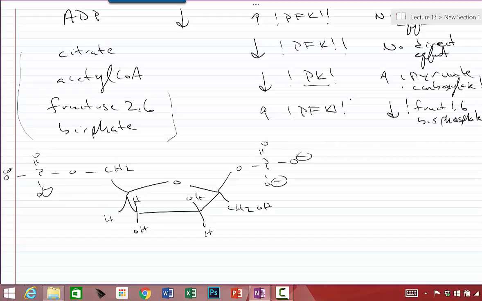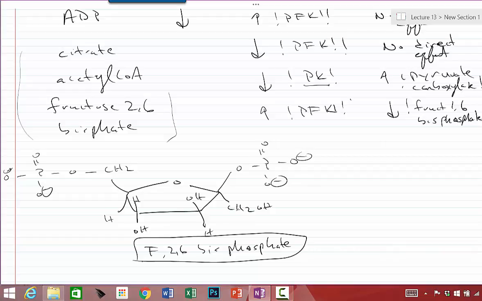So this is fructose 2,6-bisphosphate. And there's not very much of this in the cell. This is not an intermediate in glycolysis or gluconeogenesis because it's fructose 2,6-bisphosphate, not fructose 1,6-bisphosphate.